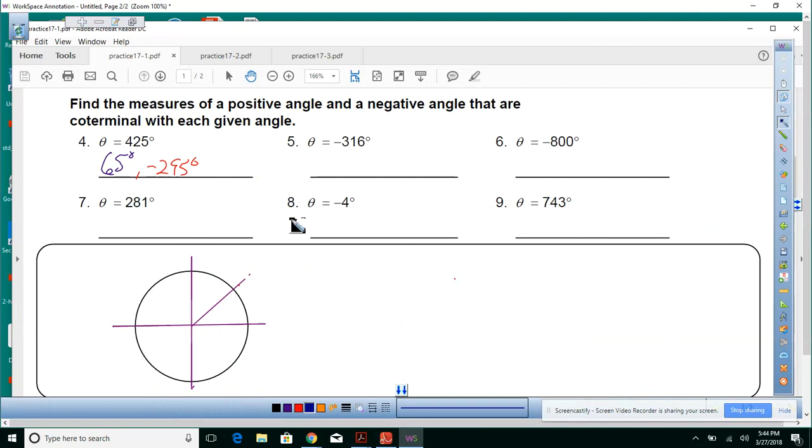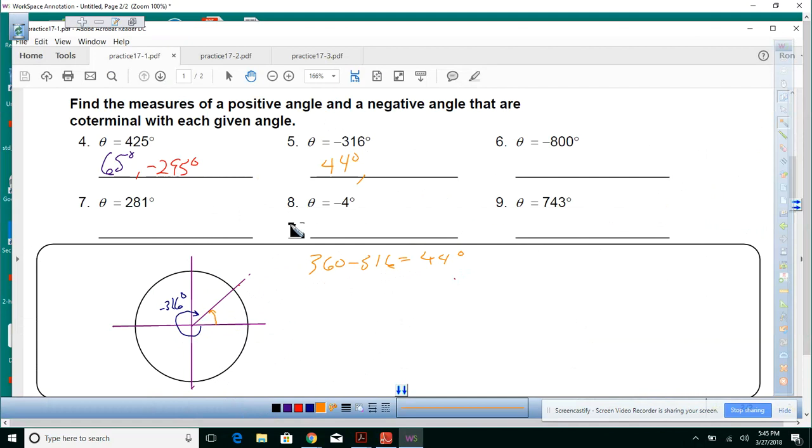Okay, so going this way here around to there, that is negative 316 degrees. If I go from here to here, that's going to be 44 degrees. That's going to be 360 minus 316, and that gives you 44 degrees. So let's put 44 degrees here.